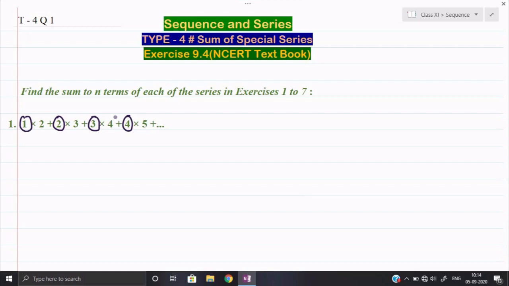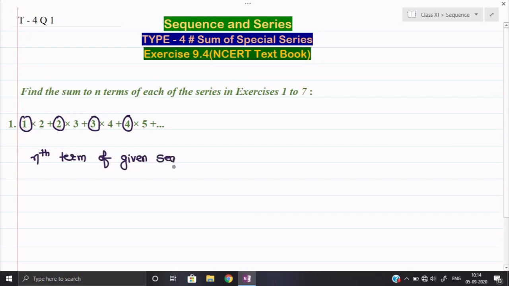But to find the sum of such sequences, we shall first directly find the nth term of this sequence and then apply the formulas of sum of special series. Let us see the whole process once. First of all, we shall write in the solution: nth term of the given sequence.